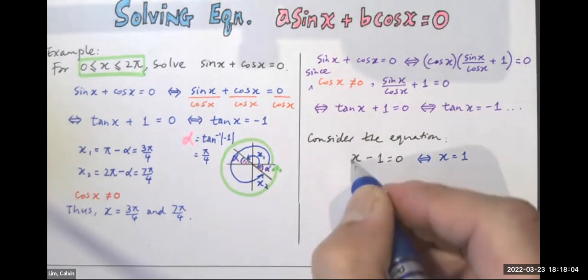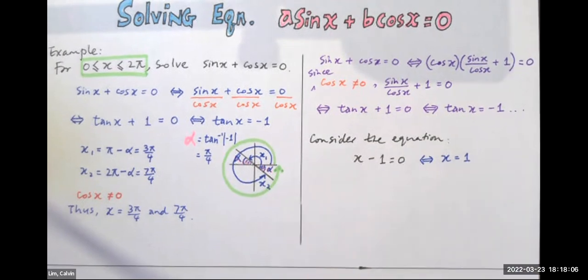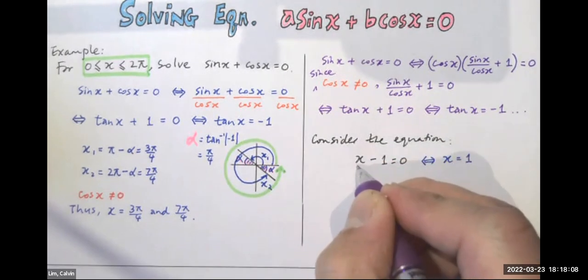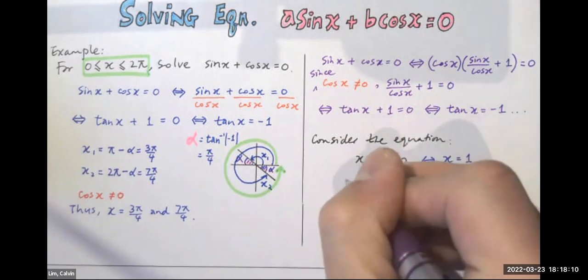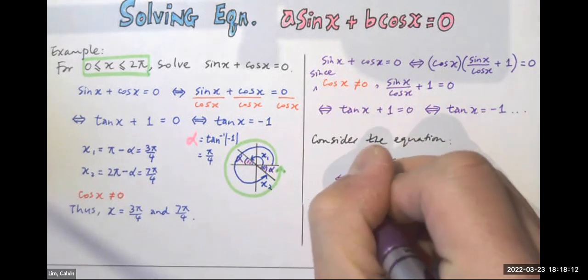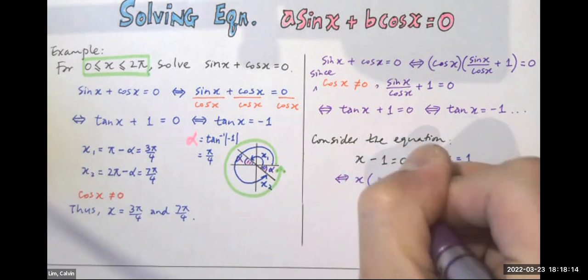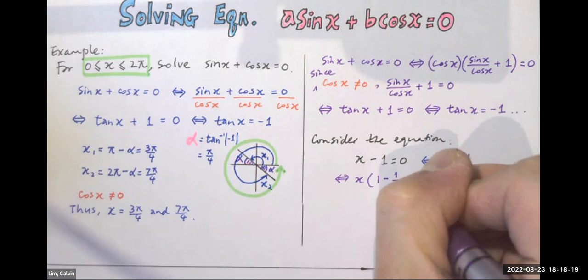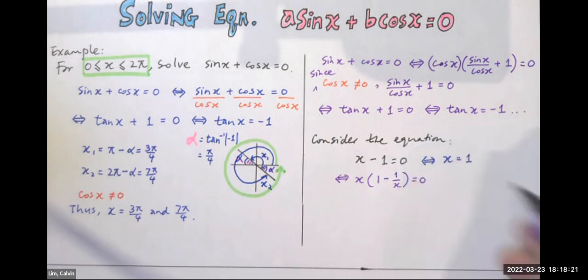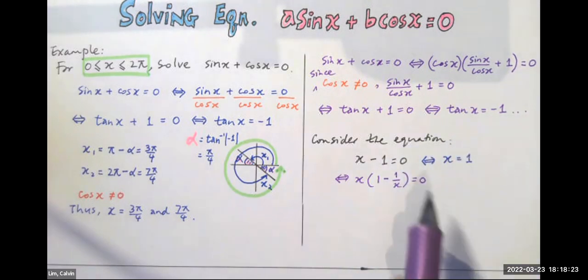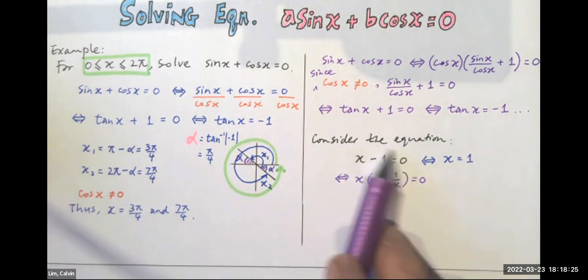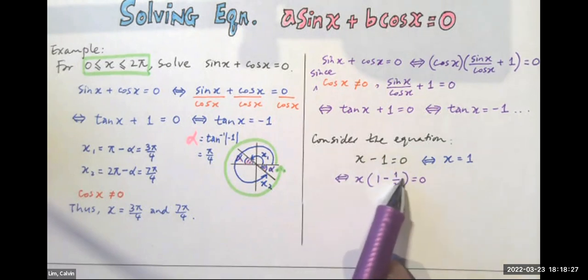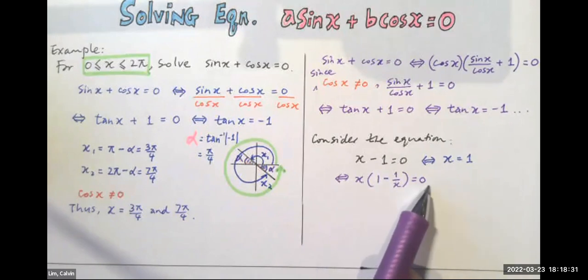As an alternate, I can also common factor out x from both x and -1 to give me x times 1 minus 1 over x equals 0. So we have now written this equation in product form on one side and 0 on the other side.